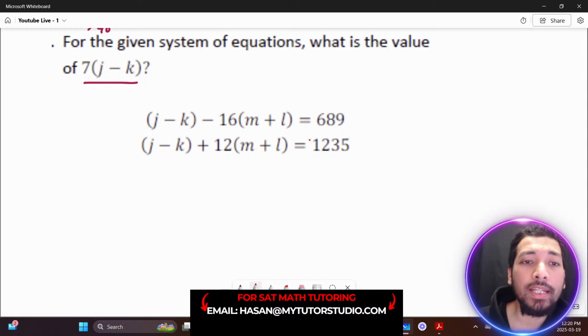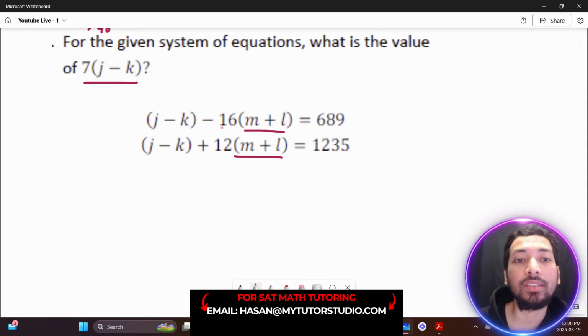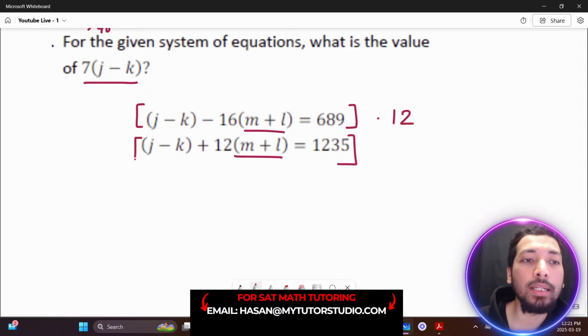What we can do is make the coefficients of these terms equal to each other, and then cancel them out. So to do that, I can just multiply this equation by 12, and I multiply this equation by 16.